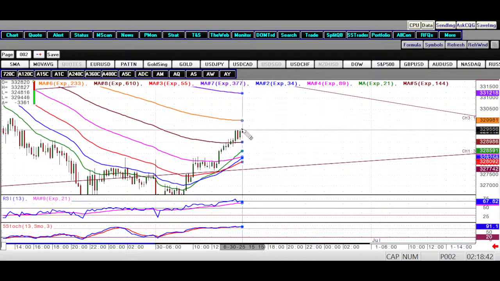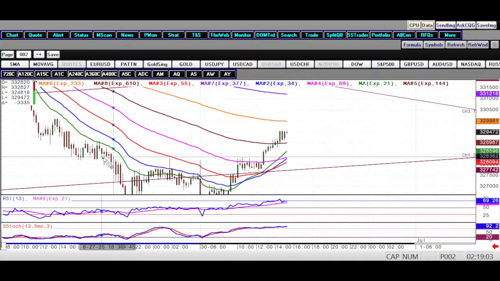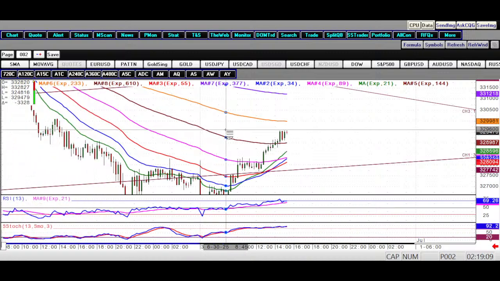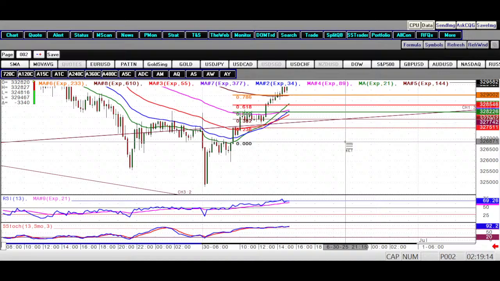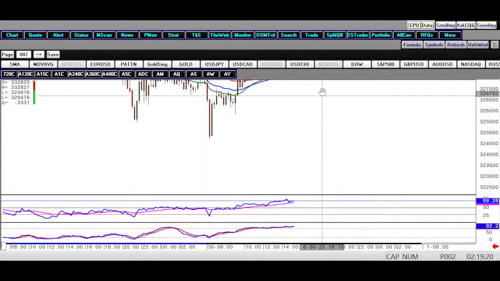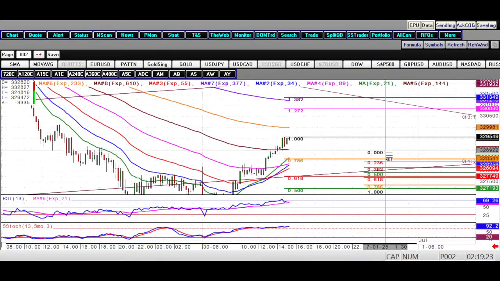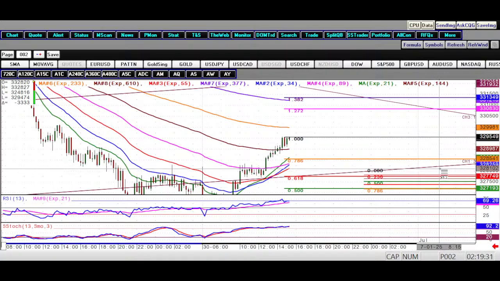If it breaks this 95, we should see the price going towards 3301 or slightly higher, towards 3310.